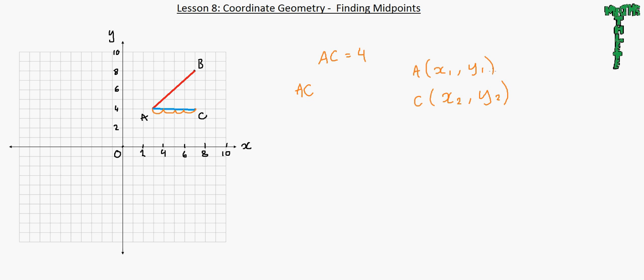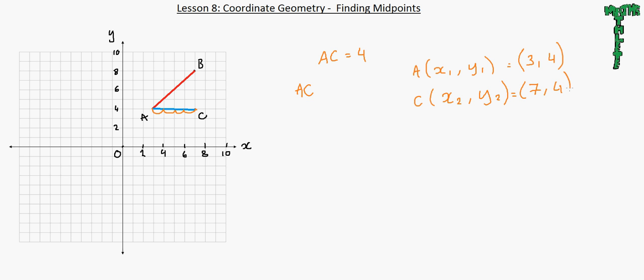In this case, A represents 3, 4. So that's the x coordinate, and this is the y coordinate, which is over here. And for C, it is 7 and 4.